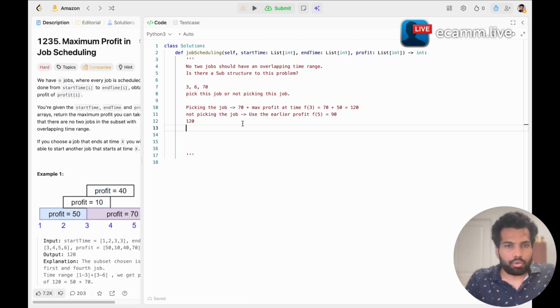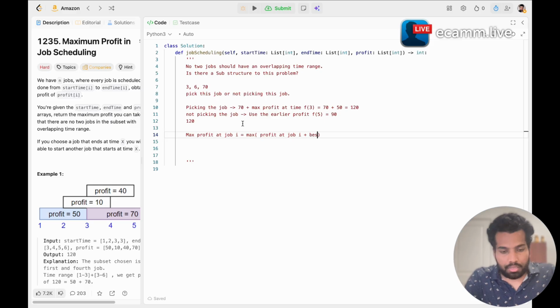Just to make it even clearer, let me write a simple equation. Let's say max profit at job I is nothing but the max of profit at job I plus the best profit before the job starts.